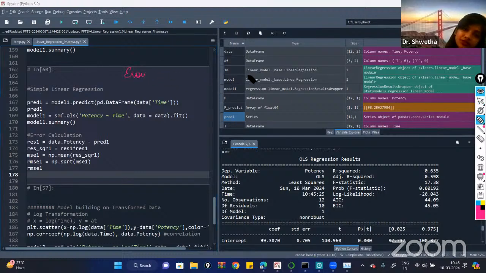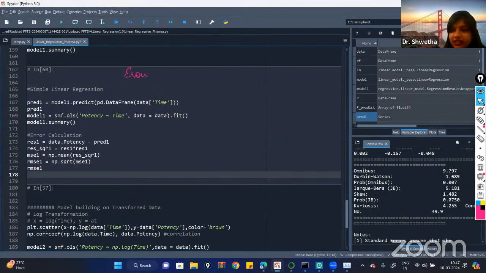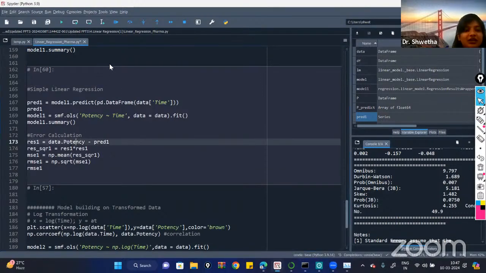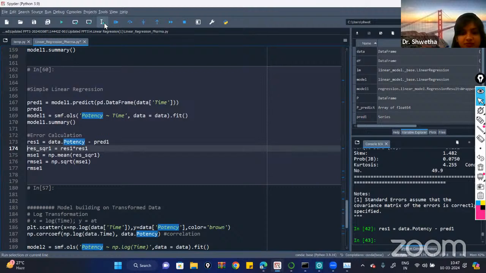Error is the actual value minus the predicted value, that is nothing but y minus y hat. For this error, we take the square of it, the mean of it, and then the square root of it. That gives us root mean squared error. This is one way to calculate the errors.